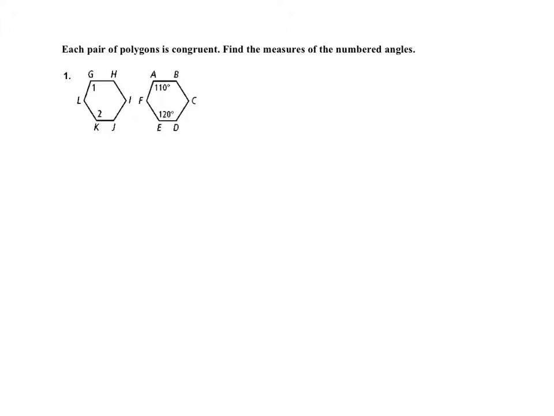Now, each pair of polygons is congruent. Find the measure of the numbered angles. If this polygon is congruent to this one, then the measure of angle 1 has to be equal to 110.